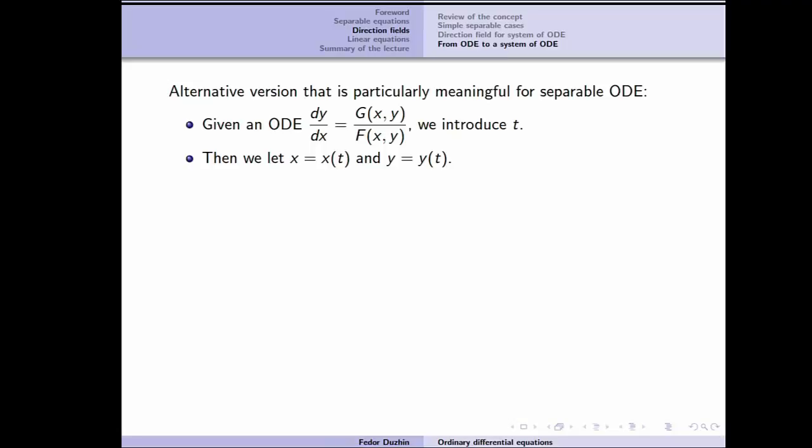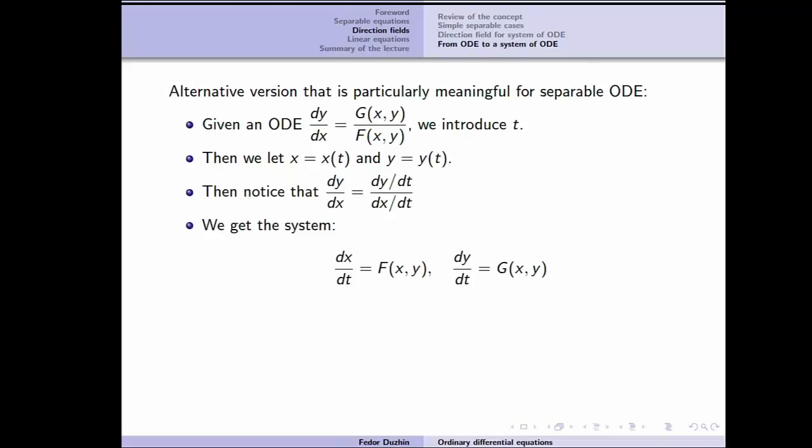If the right-hand side of the single ODE is g over f, then we can introduce this new variable t in a different way, and then the left-hand side becomes just two different derivatives, dx dt and dy dt, which of course in general is not really much simpler than the original differential equation.